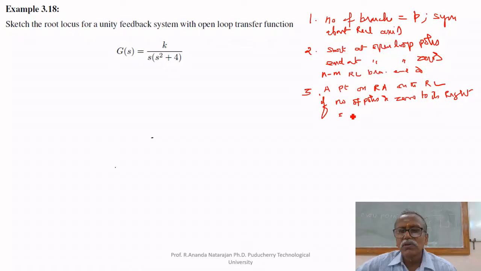A point on the real axis will be on the root locus if number of poles and zeros to its right, to the test point, is odd number.